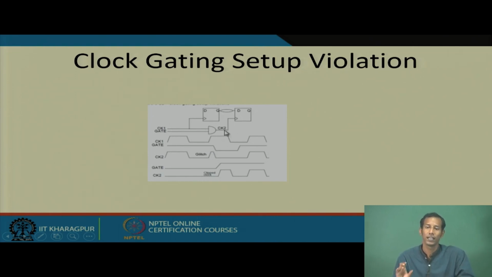A glitch is an unwanted signal in our desired signal. So, whenever it finds 1, at that time unwanted data will be sampled in the second flip flop. That is why whenever we are doing this gated clock circuit design, we must be very careful so that this glitch does not occur in the circuit.